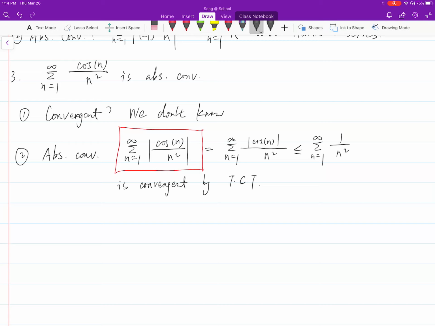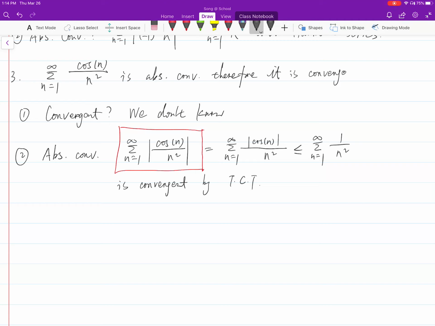We have the advantage that once you change everything to be positive, you can apply the integral test and the comparison test, because they only work for positive series, right? That is really great. Now what we want to say is that it is absolutely convergent, therefore it is convergent.